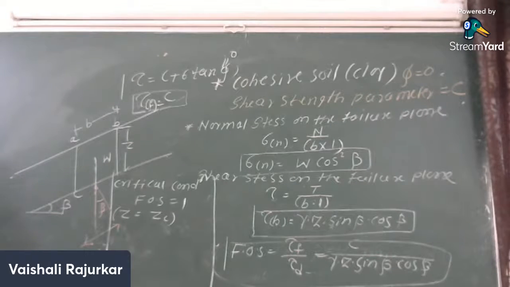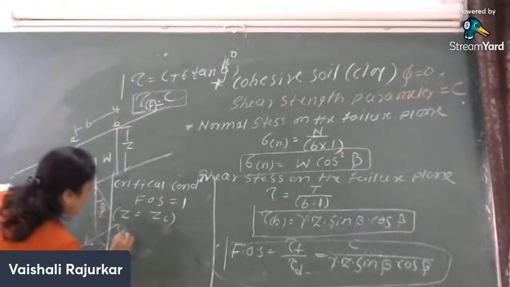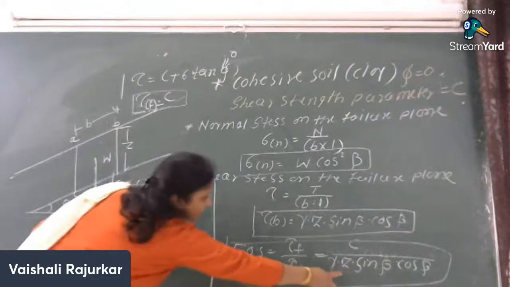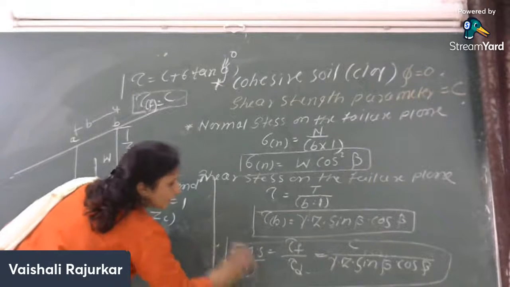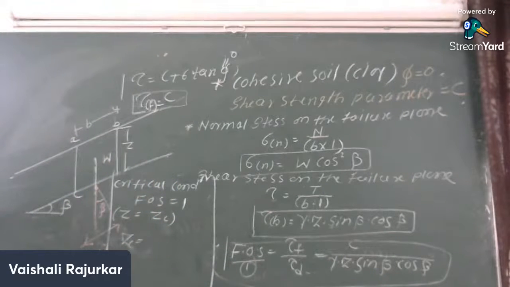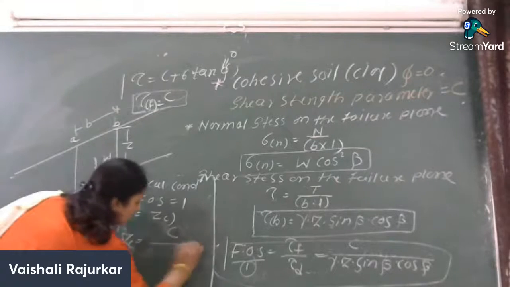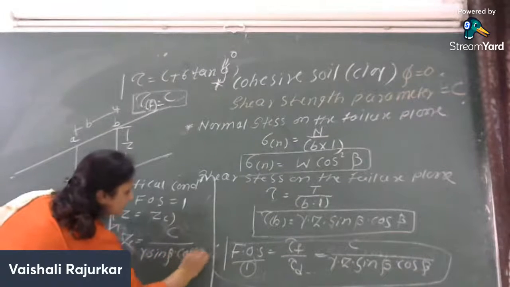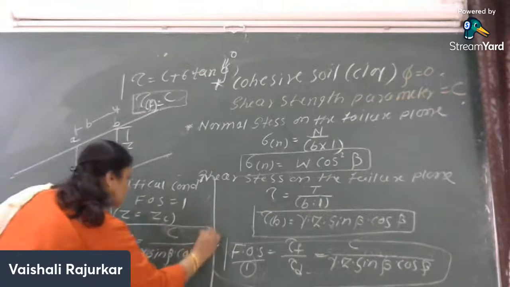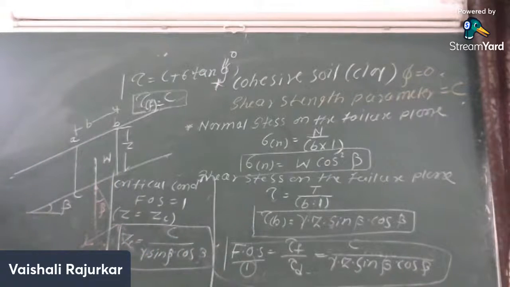And therefore ZC is equal to, considering factor of safety is 1, C upon gamma into sin beta into cos beta.